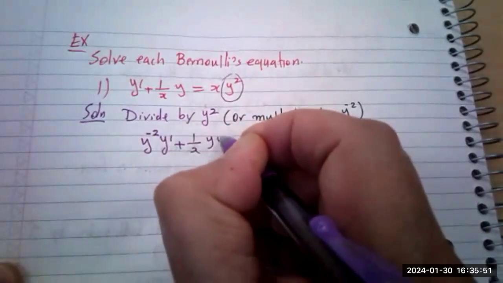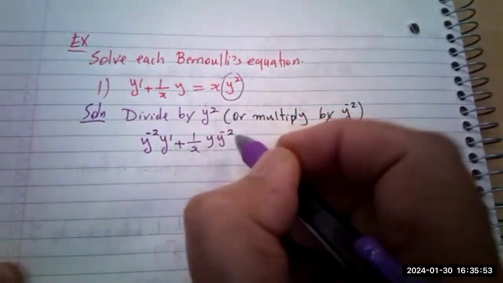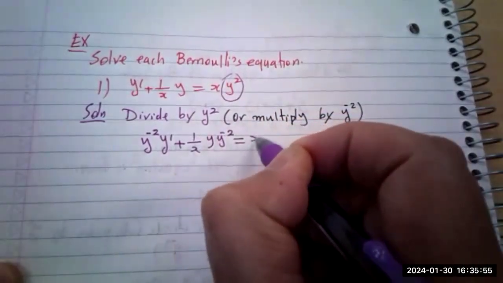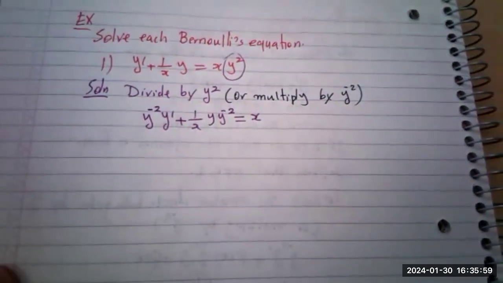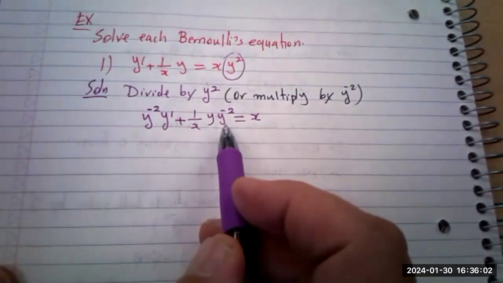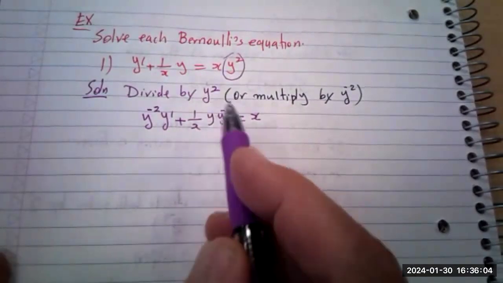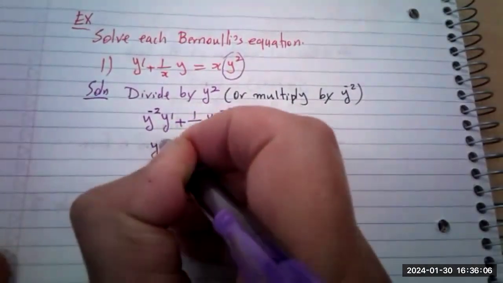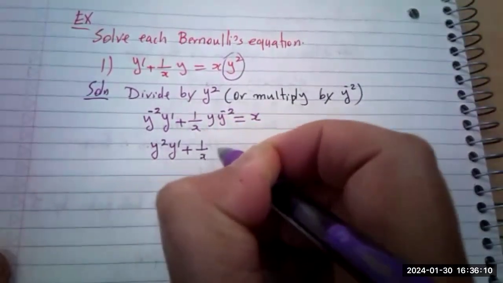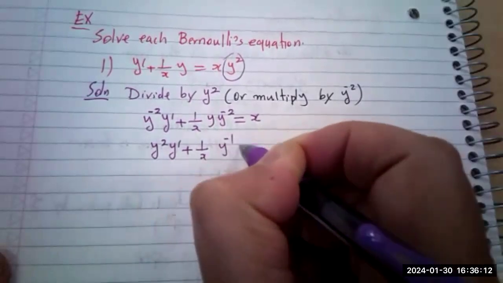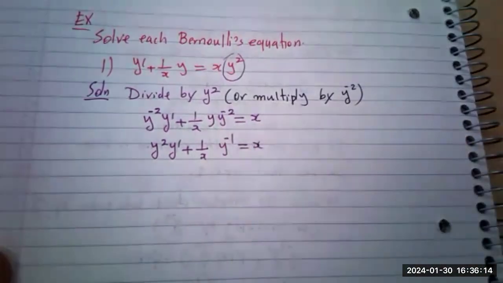This is y times y to the negative 2. On the other side, you get the x, because you remove the y squared right away. Now y times y to the negative 2 would be y to the negative 1. So that gives you y to the negative 2, y prime, that's 1 over x, y to the negative 1, equal to the x.